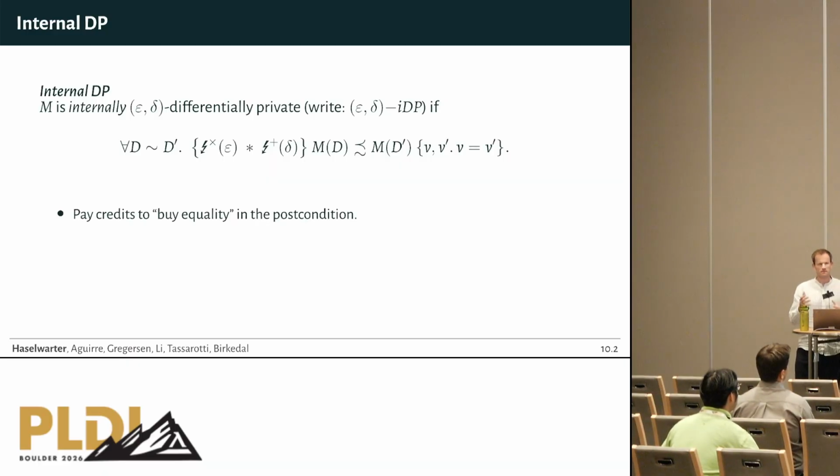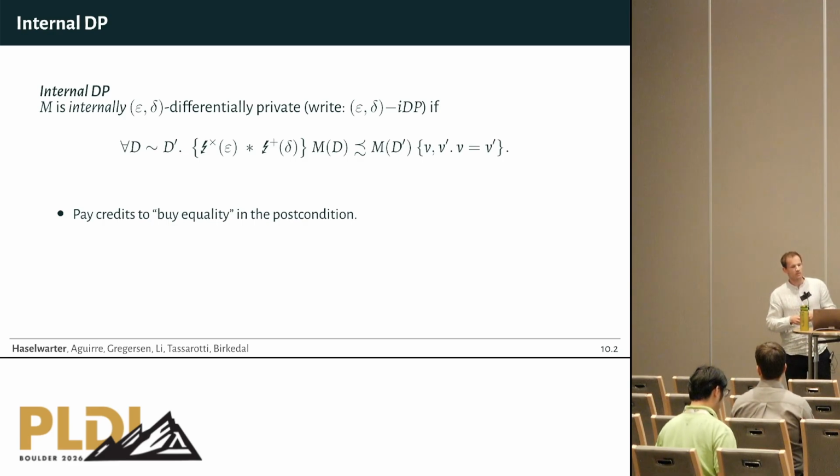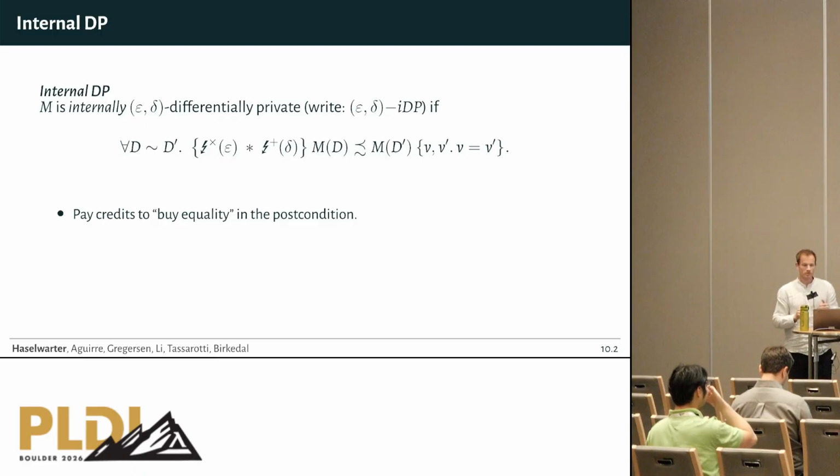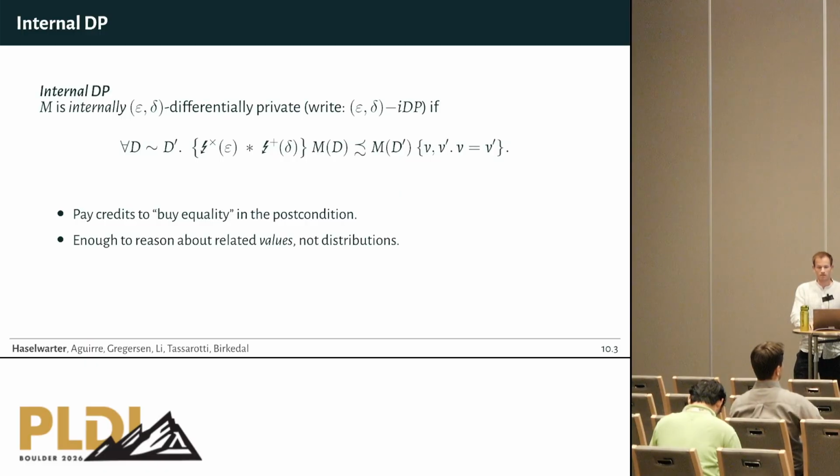And so the way that you think about this intuitively is that we can use this privacy budget to pay for the discrepancies in the probability distributions. So when we do a sampling somewhere and there is a discrepancy, we have to give up some of this budget, and that in turn allows us to assume that we got the same observations. And so that's also part of the reason why it's enough to reason about the values in the post condition instead of ever having to talk about distributions on states, which would make this much harder to use.